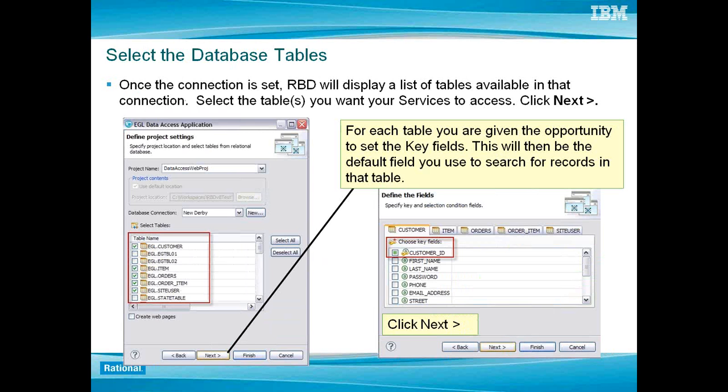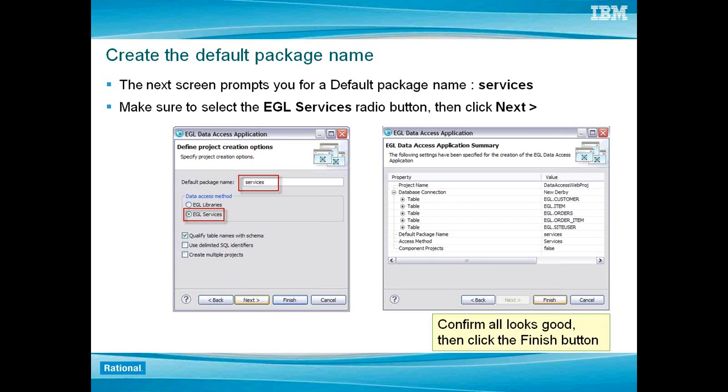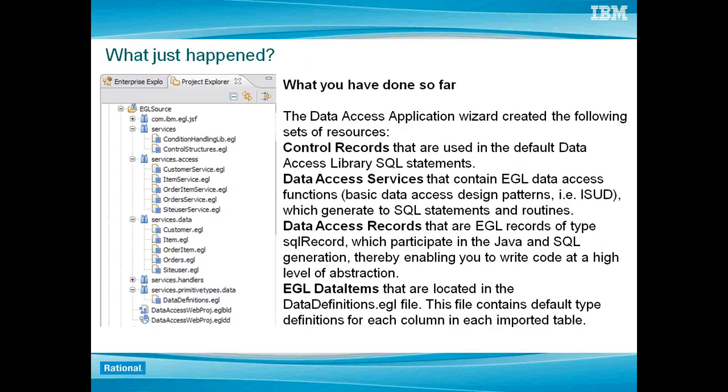Then we will import the corresponding schema or tables that we are interested in using inside of our application, and then we will continue with the wizard, and the other database and tables will be imported into our application. Once you have completed your wizard, I will show you the list of libraries and functions that are generated by default for you, what type of functions this wizard is going to create for us, and what the data items and helper functions are.